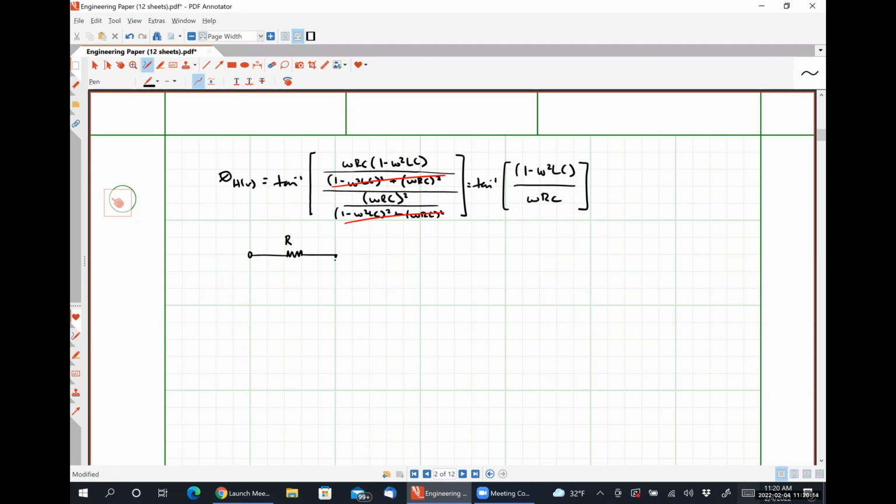Now we are going to take the voltage drop over a combination of the capacitor and the inductor. So this will be j omega L. This is 1 over j omega C. Here's our input voltage quantity. Here is our output.